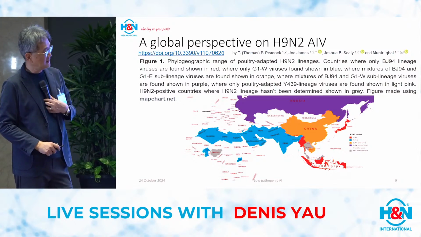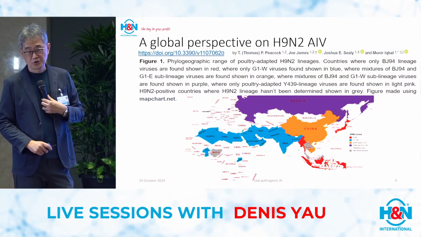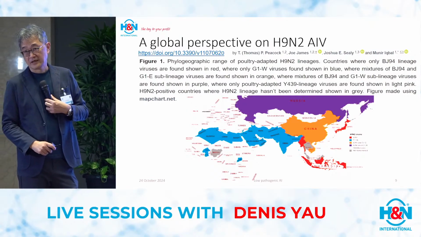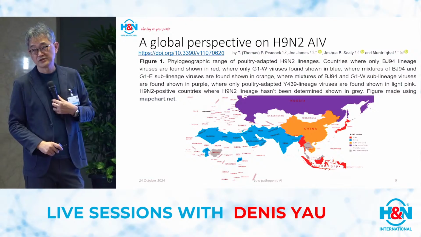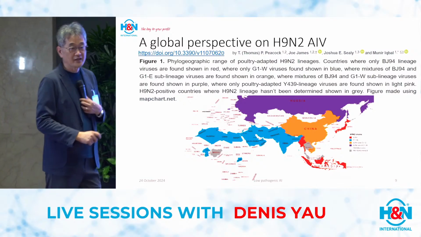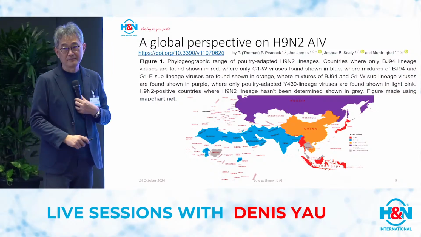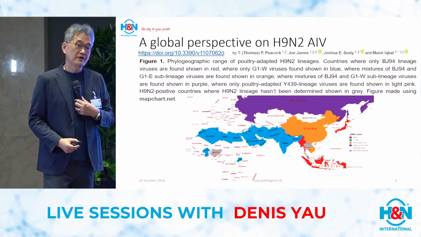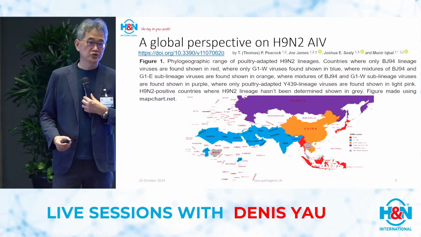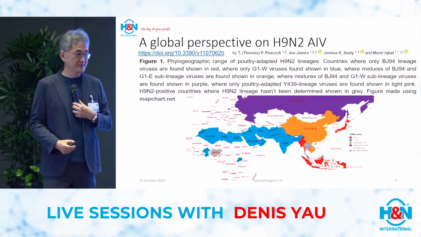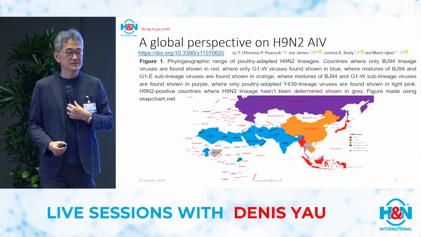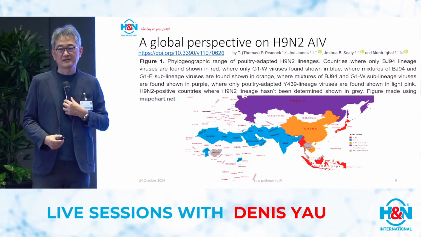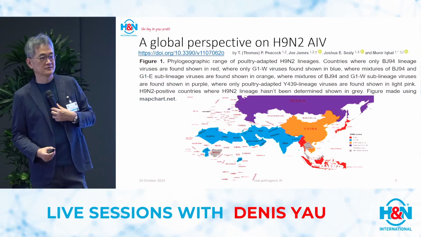I didn't find any papers showing that Manila or the Philippines has it. But I have to remind you, a few years back, when I was traveling here in the Philippines, I went to a farm and asked one of the chief veterinarians about the presence of ND or AI, and he said, no, we did not have it.